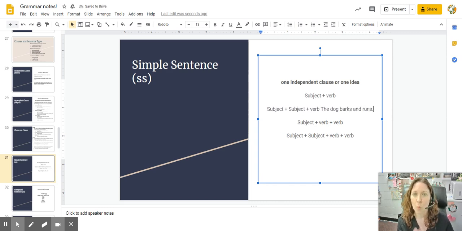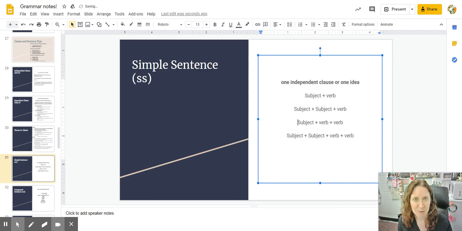In this case, I've got one idea, but, oh sorry, I put two subjects. The dog and cat run. There you go. The dog and the cat run. That's two subjects sharing a verb.